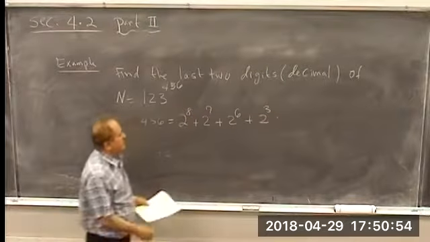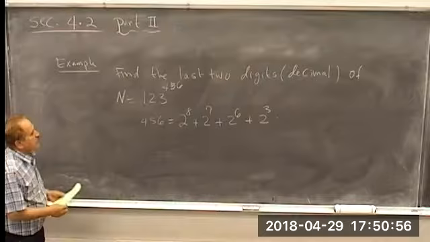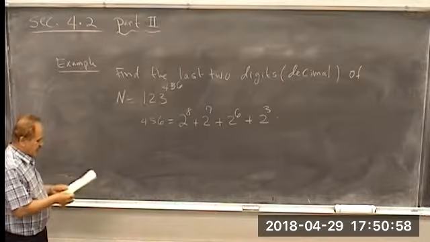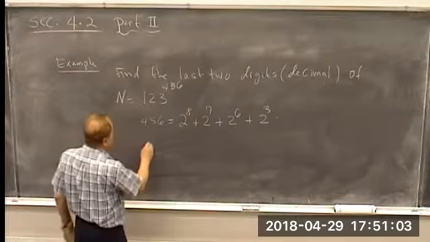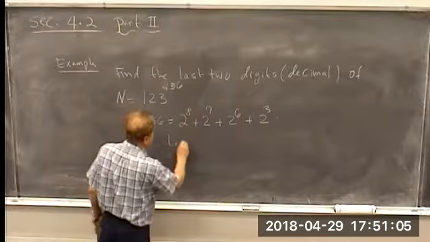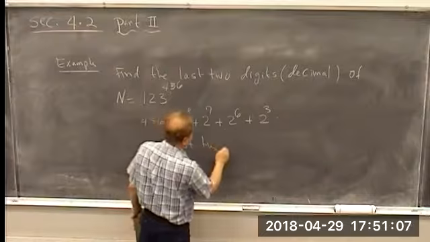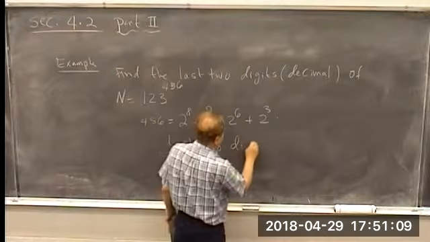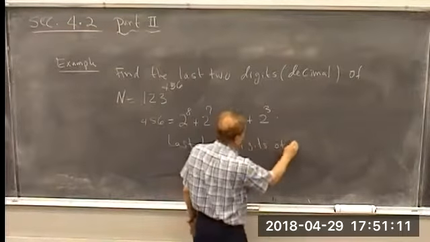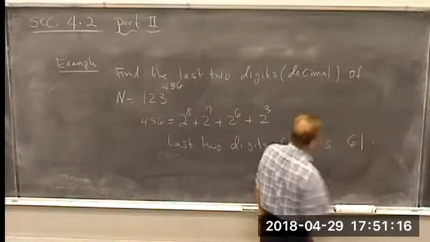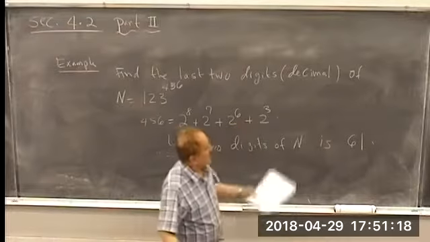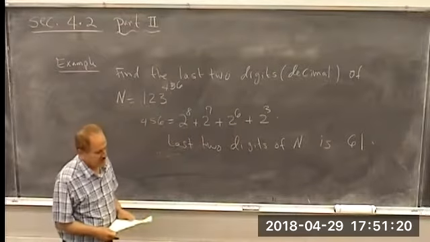And do the successive squaring, and after a little bit of work, you're going to find that the last 2 digits of n are 61. So the remainder when we divide n by 100 is 61.